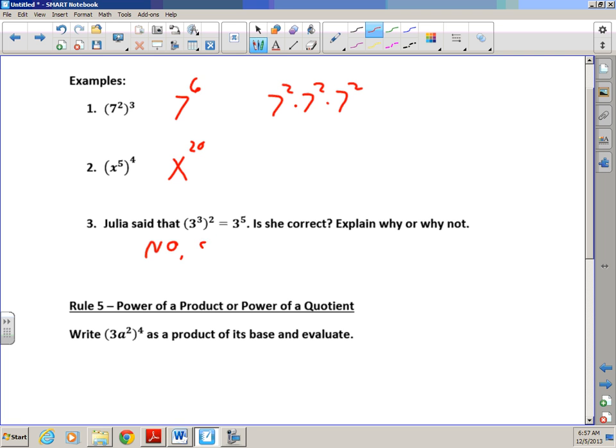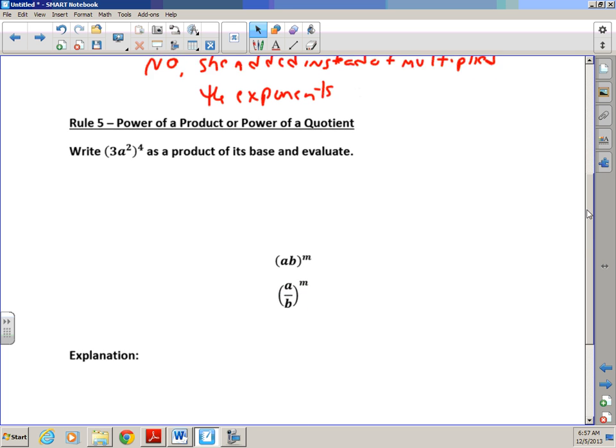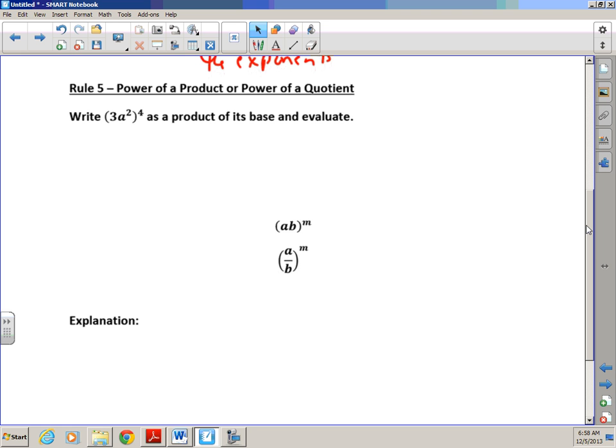No. She added instead of multiplied the exponents. Okay. Now, let's expand this or apply this in a couple of different situations.